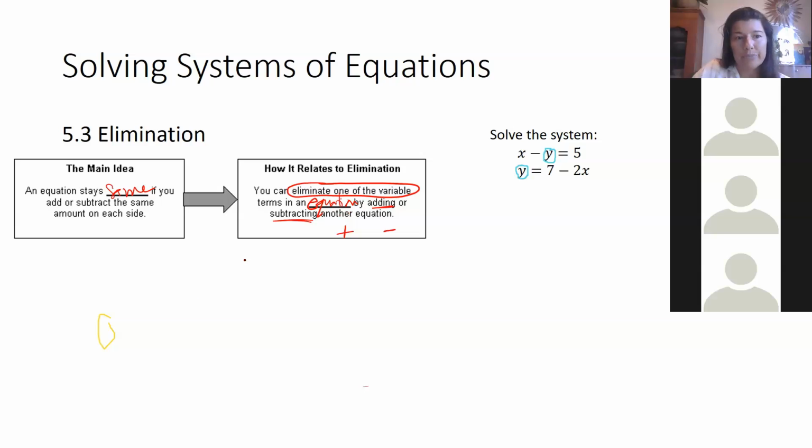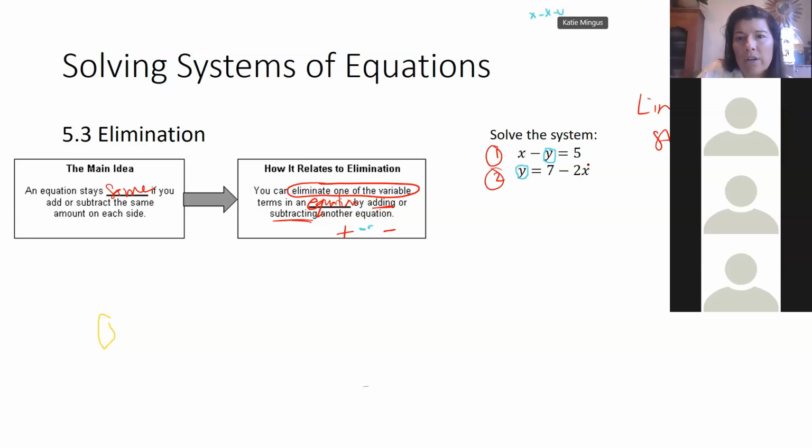So we're now going to solve this equation using elimination. So the very first step is to line up your variables, and you're going to stack your equations, one on top of the other. Notice right now I have X and Y terms together on the first equation. Second one, they're not.